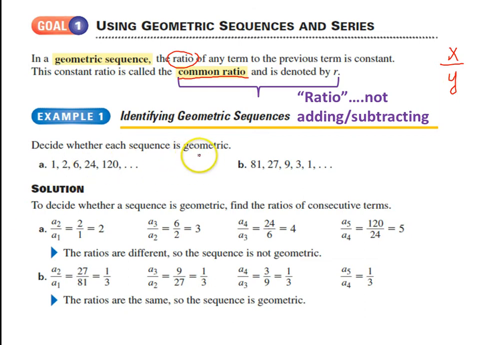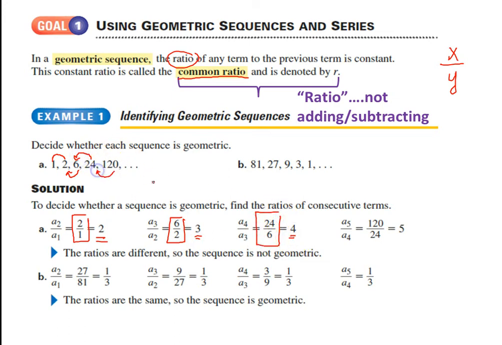Okay, so let's look at our first one. Decide whether this sequence is geometric or not. Does the ratio stay consistent? The ratio of 2 to 1 is 2. The ratio of 6 to 2 is 3. The ratio of 24 to 6 is 4.